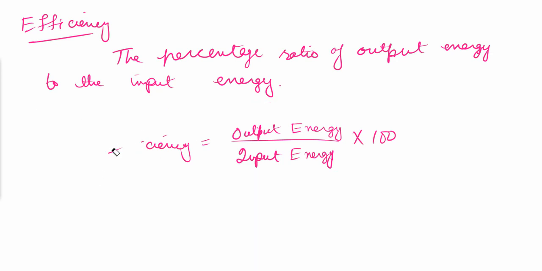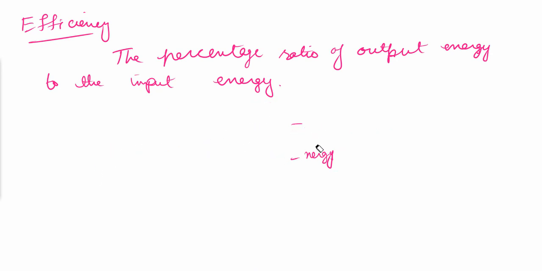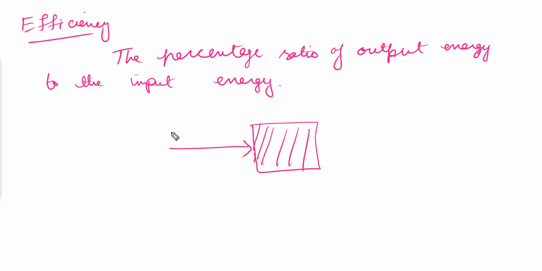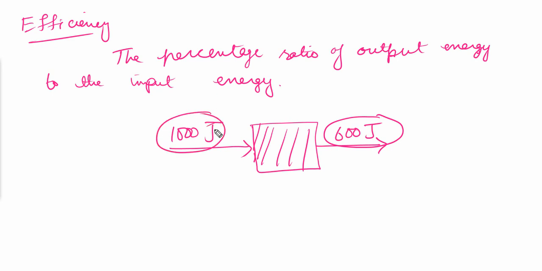Now let me just explain how it works. So let's suppose we have a system. That system is doing some useful work for us. So let's consider this box as a system. We provide this system 1000 joule of energy, and as a result of that provided energy, our system does some work done of, let's suppose, 600 joules. So now this 600 joules will be considered as the output energy or the useful energy, and this 1000 joule will be considered as the input energy.